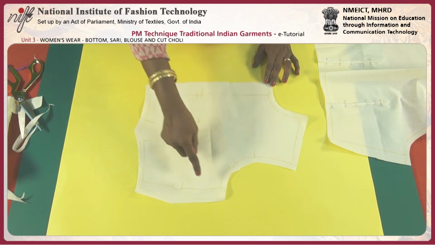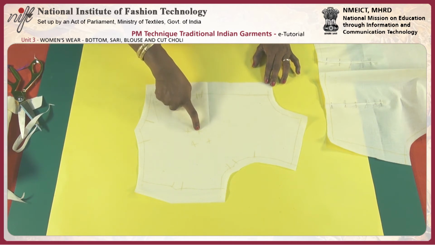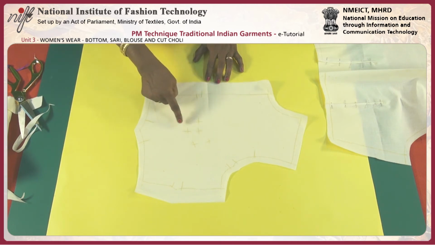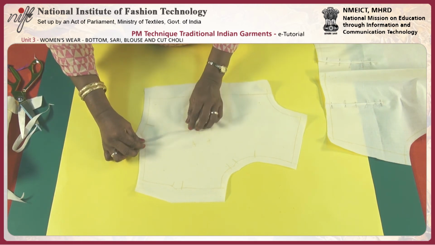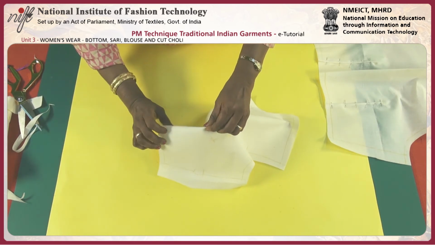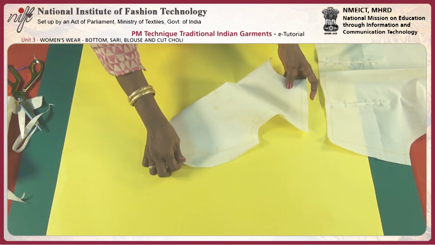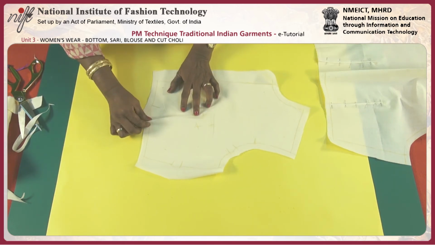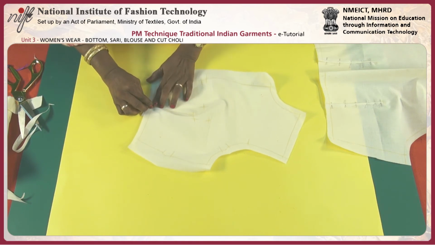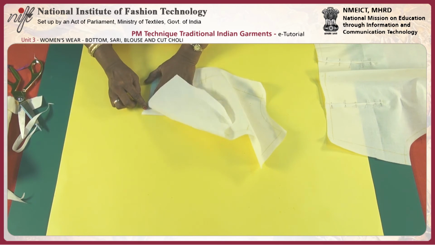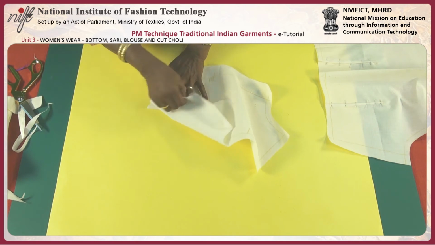Now take the front. Center front line and side seam allowance, all the allowance is there, and this is the bust point and all the dot end points because it has 4 dots. Close the dot, crease the dot leg. As the same, the side leg should fall on the center leg to have the excess of fabric towards the side seam.